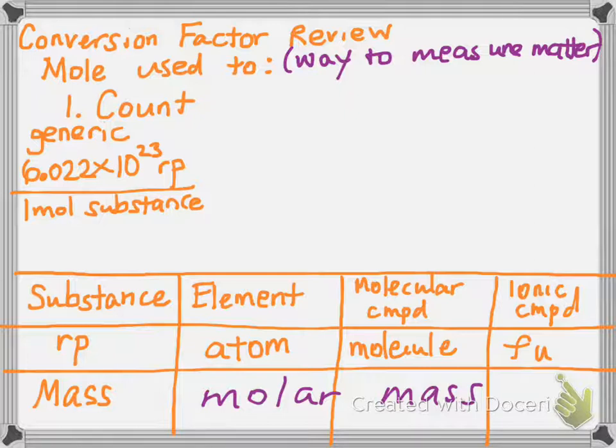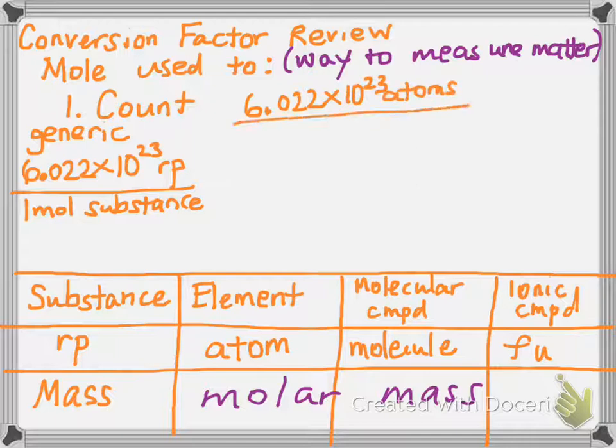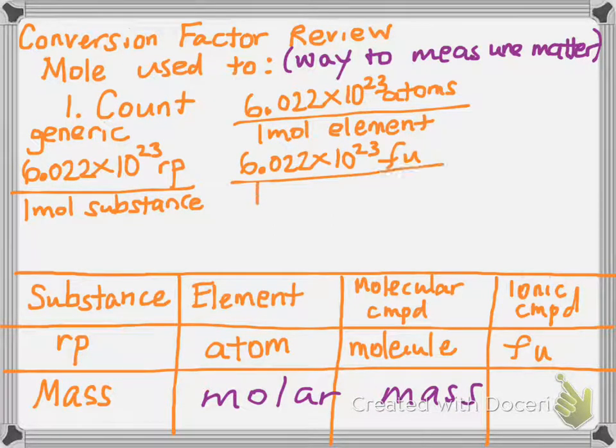So you didn't probably write the generic one. What you probably wrote for count were 3 specific ones. You wrote one that had 6.022 times 10 to the 23rd atoms over 1 mole of element. You wrote one that was 6.022 times 10 to the 23rd formula units over 1 mole of ionic compound.